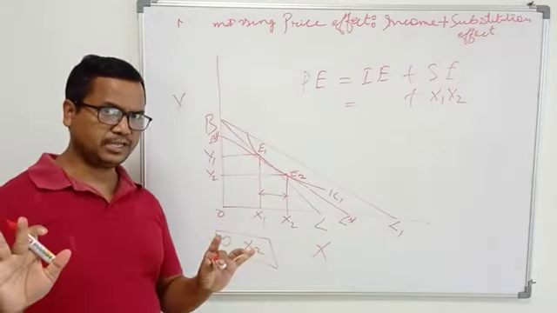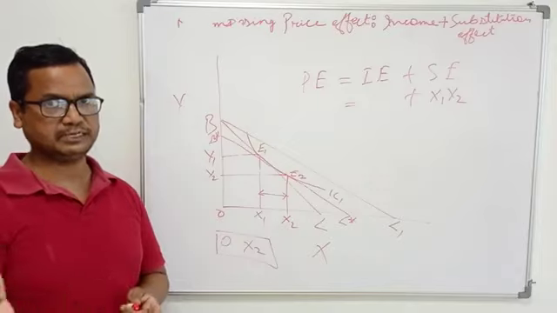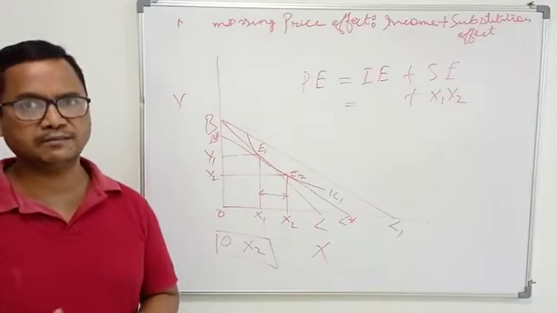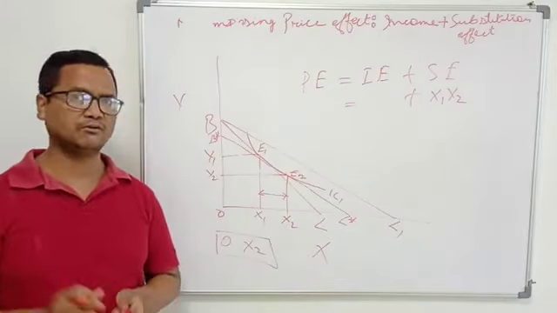Now, since we are talking about an inferior good, as I have said, with the increase in income level the consumption of the good will go down.